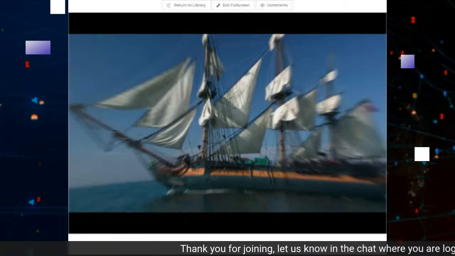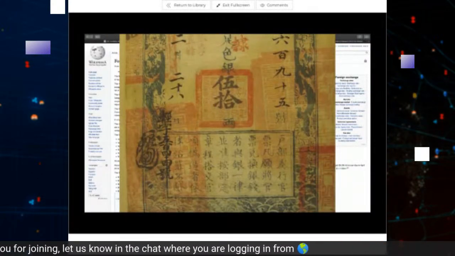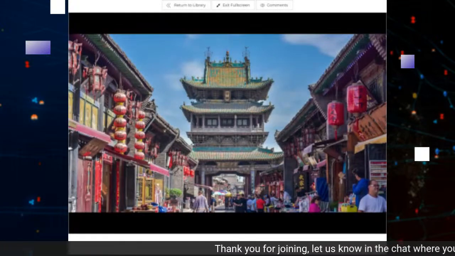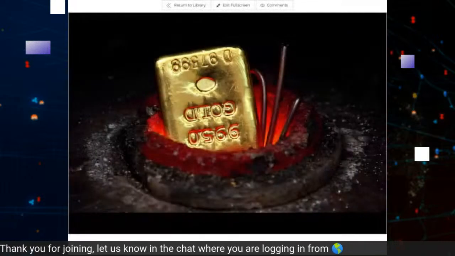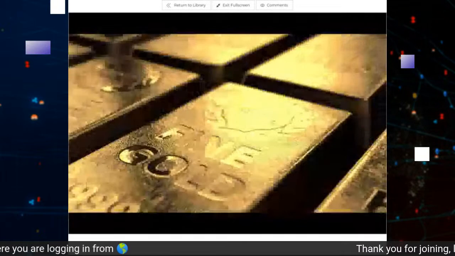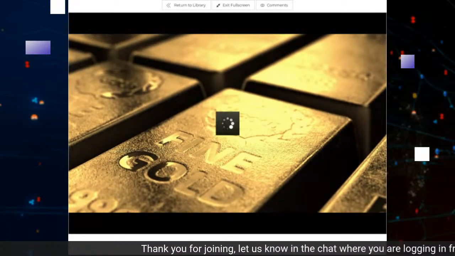which gave way for people to participate in foreign trades. The Chinese then came along with the invention of paper money, which were IOU notes from the private institutions, aka banks, in exchange for holding their gold and silver. This gave way to the gold standard, where all currencies were to be backed by gold.